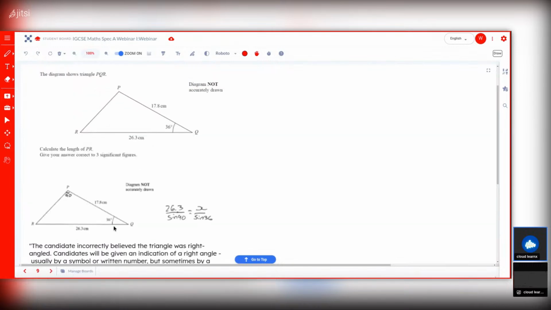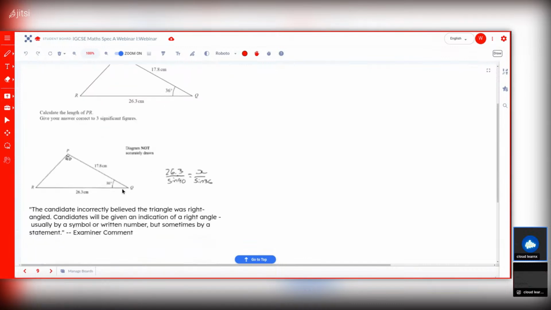Okay, this one's a classic one. Assuming it's a right angle. So I think the examiner comment wraps it up. The candidate incorrectly believed that the triangle was right angled. Candidates will be given an indication of a right angle, usually by a symbol, or a written number, but sometimes by a statement.